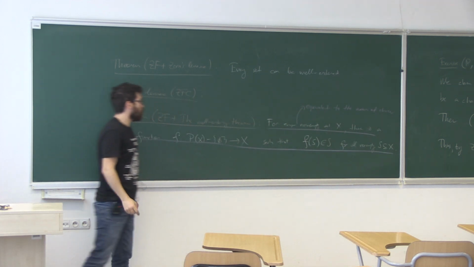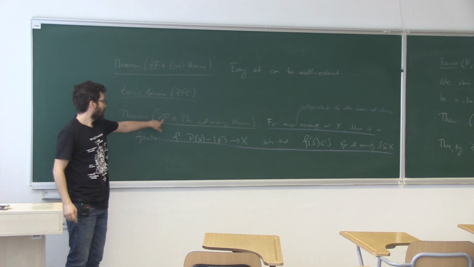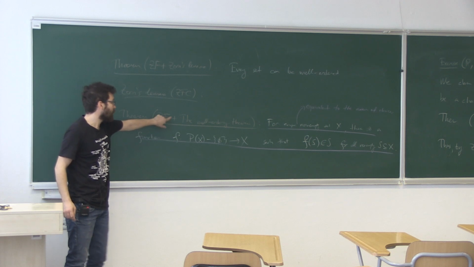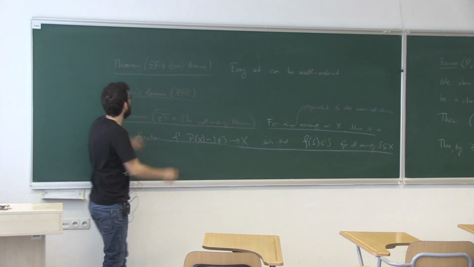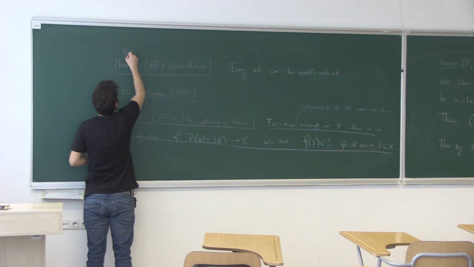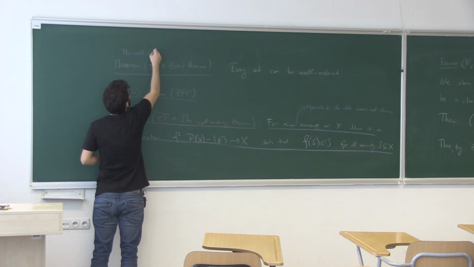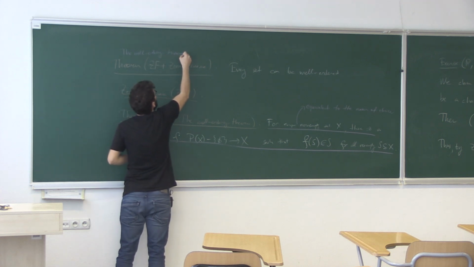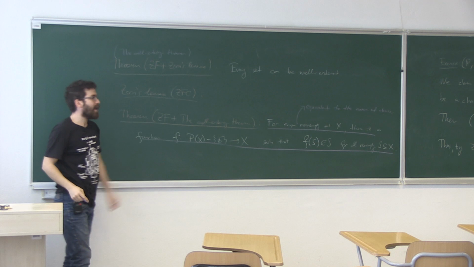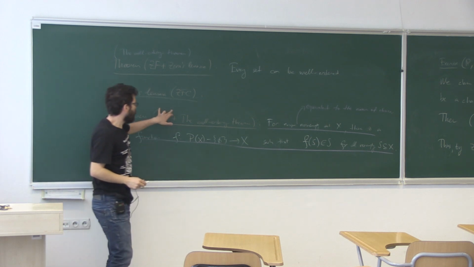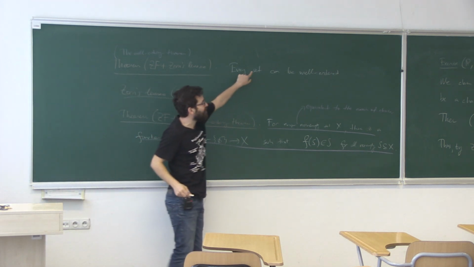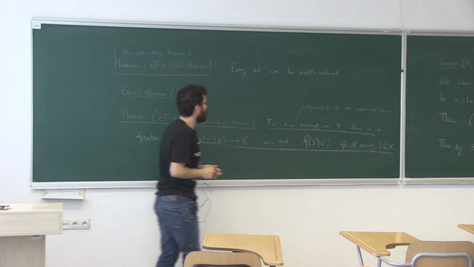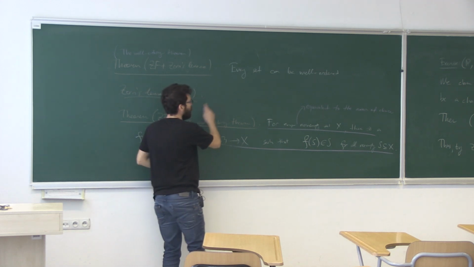So what I'm proving is that the ZF axioms, all the axioms except choice, plus this, called the well-ordering theorem, imply the axiom of choice. If you assume all the axioms of ZF and this fact, then you can prove the axiom of choice.